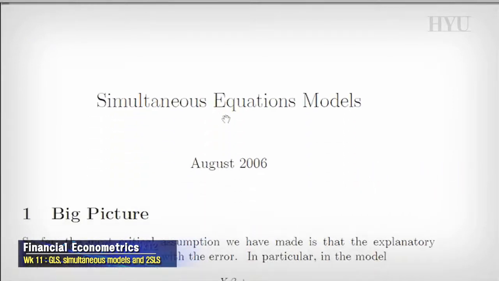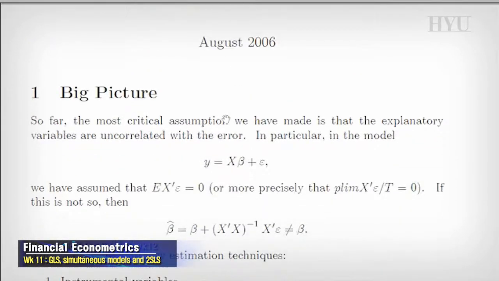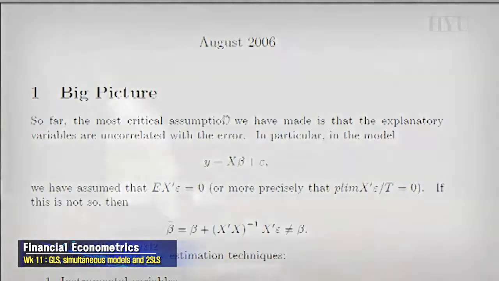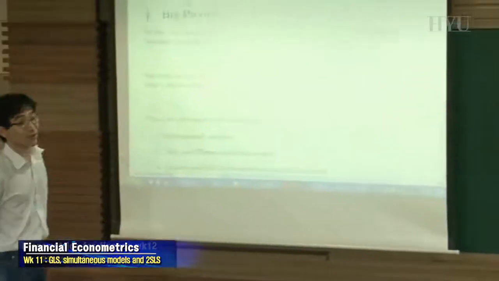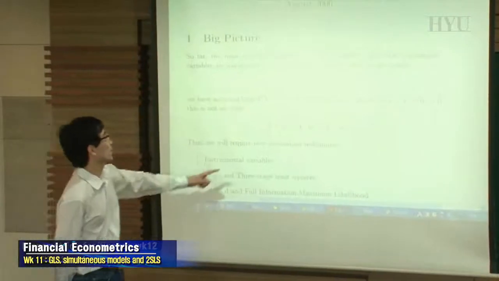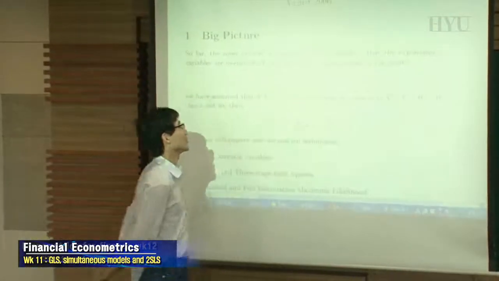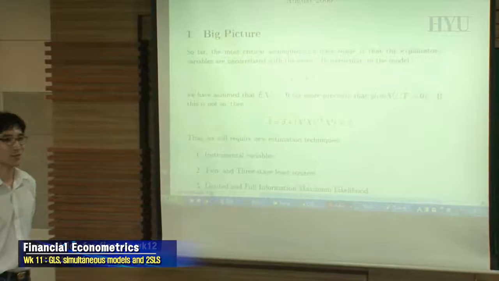So first, the big picture. So far, the most critical assumption we have made is that the explanatory variables are uncorrelated with the error. In particular, suppose we have y equals x beta plus epsilon. We have assumed until now that x and epsilon are uncorrelated.